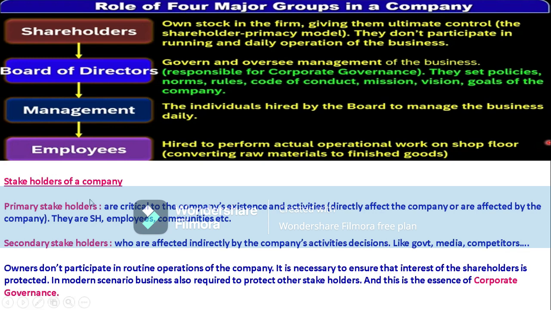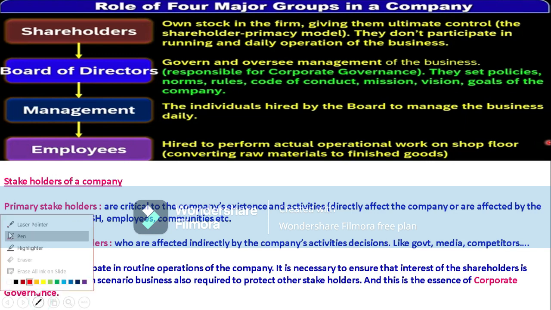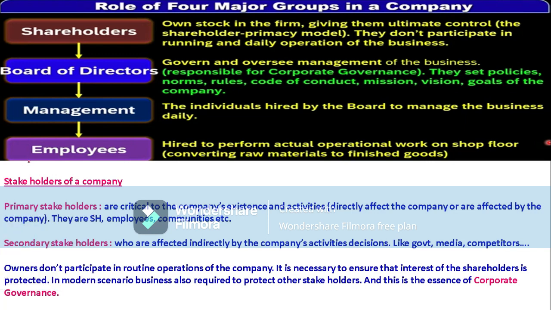Okay, and if we see stakeholders, each and every time we are talking about the stockholders and stakeholders. Stockholders are nothing but the shareholders of the company, who purchase the shares of the company, who are the owners of the company, right? So who are stakeholders?